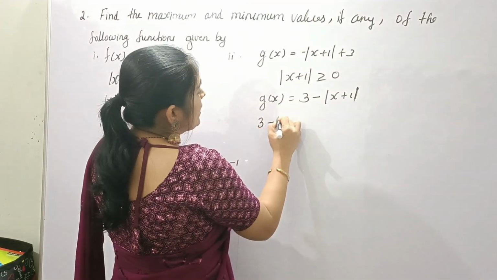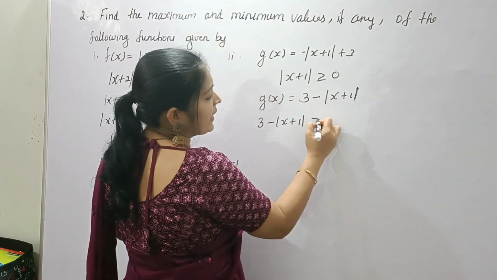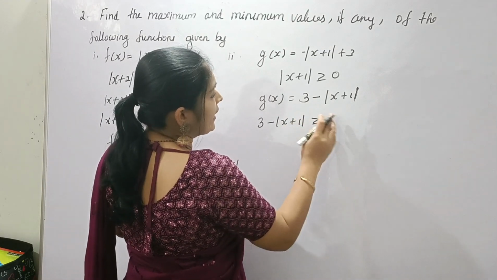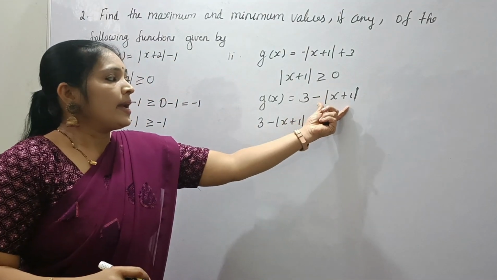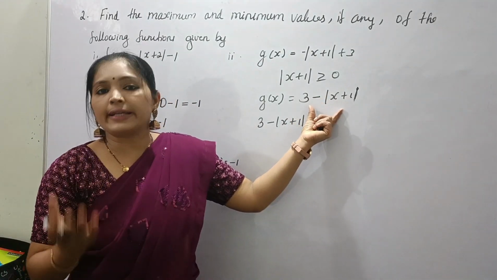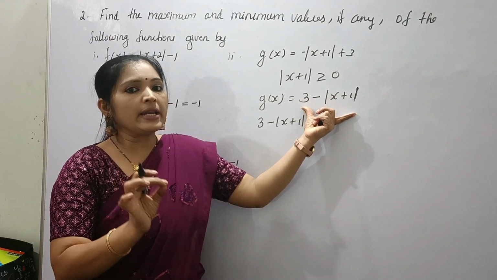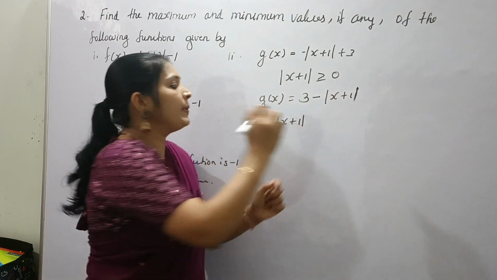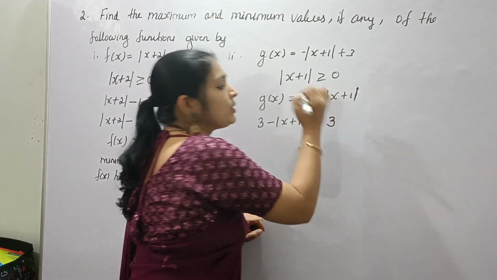Since modulus x plus 1 is greater than or equal to 0, 3 minus modulus x plus 1 will be less than or equal to 3.